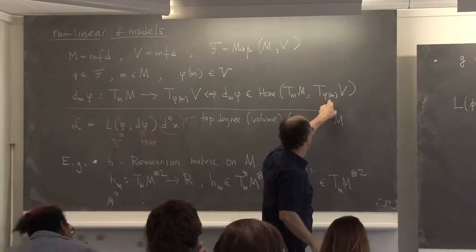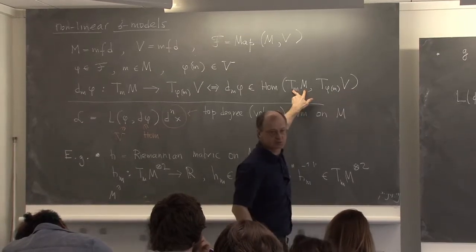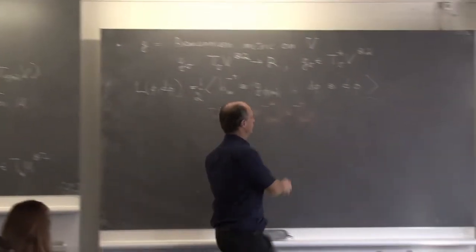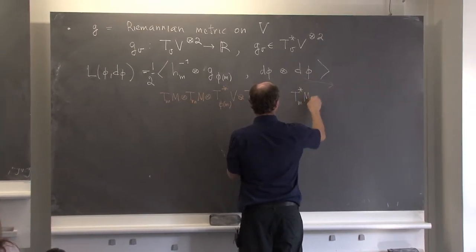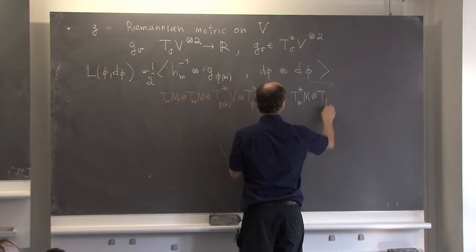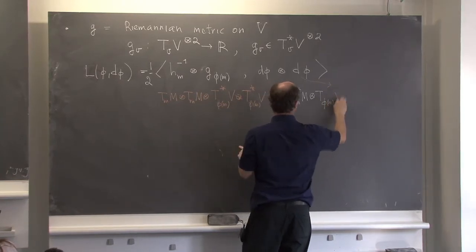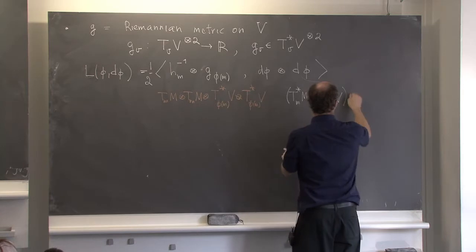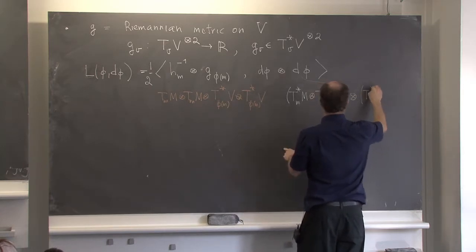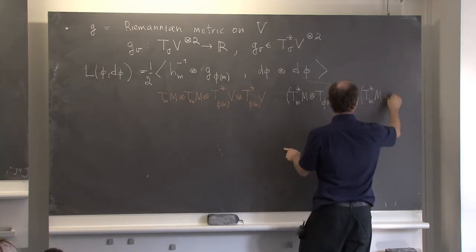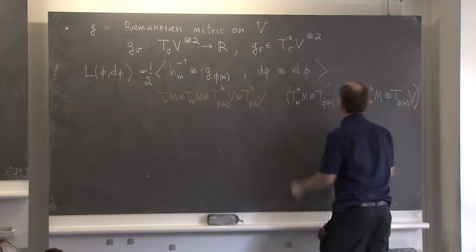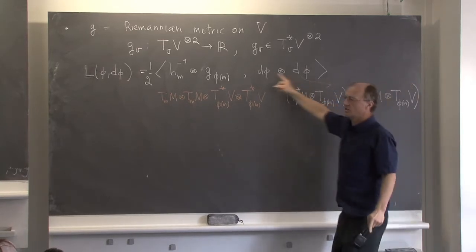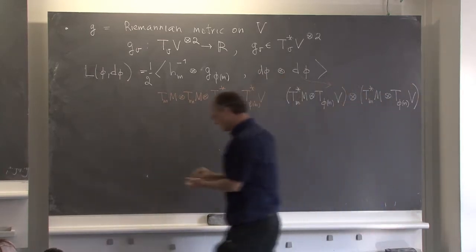This is Hom from TmM to T phi of m V, so I can dualize this one. So here I have T star mM tensor T phi of m V times T star mM tensor T phi of m V. So that's the nature of the quantities.